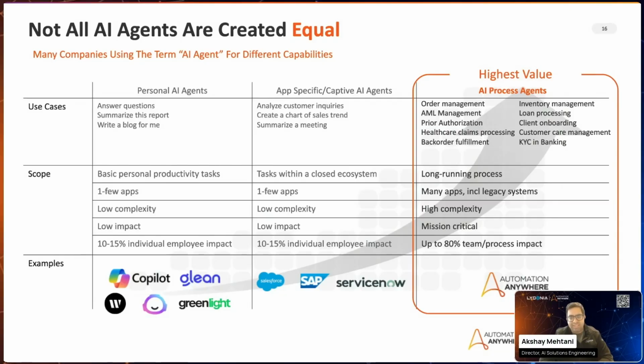We focus on high value processes, business processes that go across applications, that go across teams. These are high complexity, mission critical processes. If you're in BFSI, think about loan processing or client onboarding. If you're in healthcare, think about healthcare claims, prior authorization.